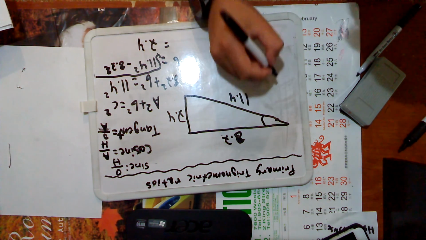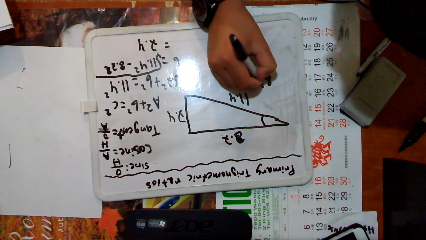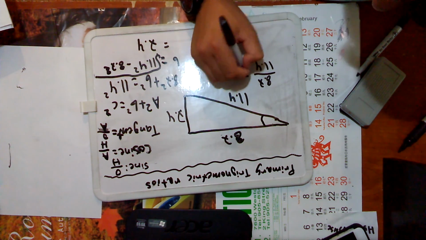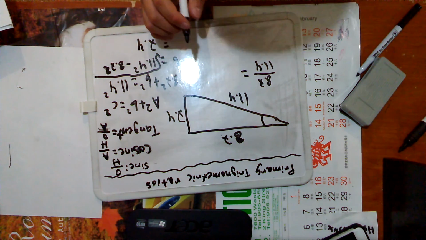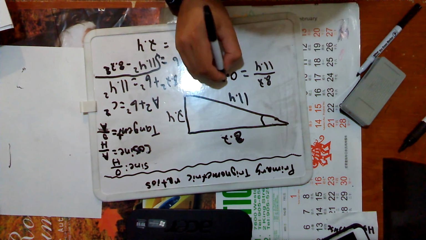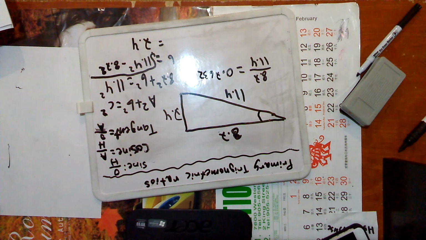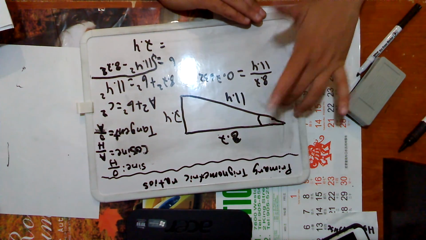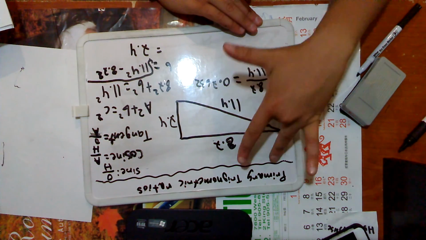So 8.7 over 11.4 equals, rounded off, 0.7632. Now we know the relationship of cosine in this triangle using adjacent and hypotenuse.